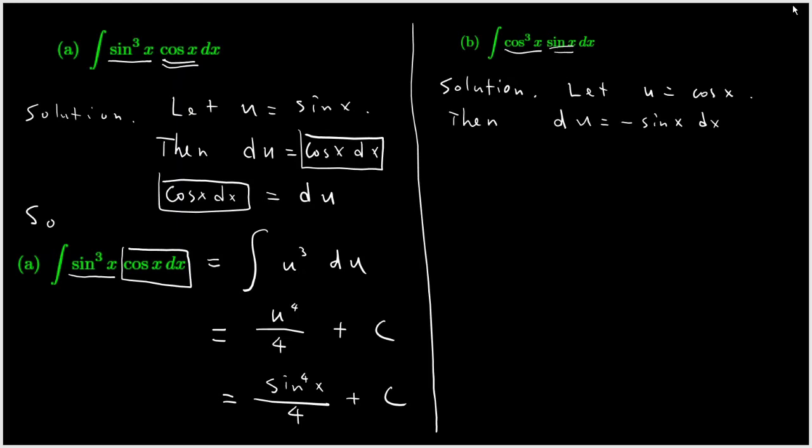The next thing we do is always identify the differential in the given integral. Can I tell you the rule of thumb? In the integral, the integrand has two factors.